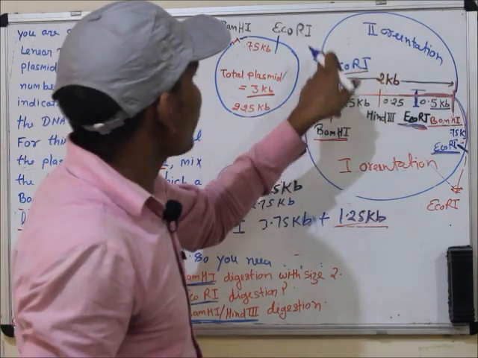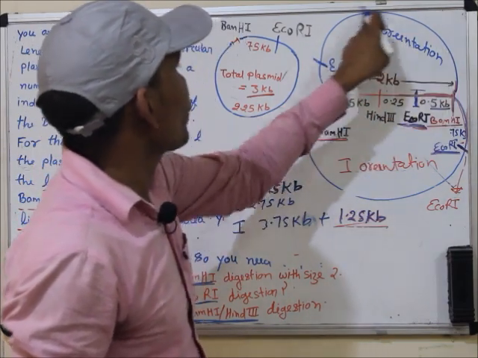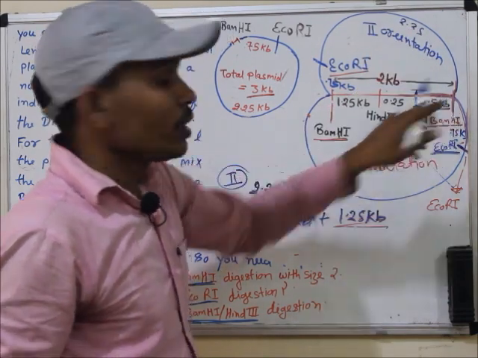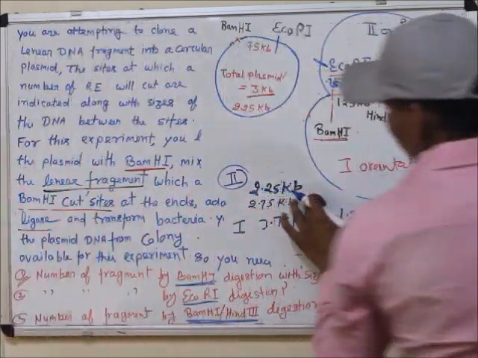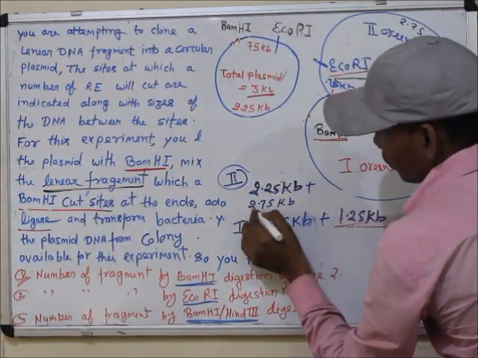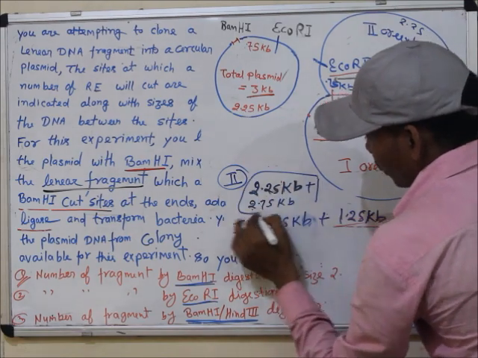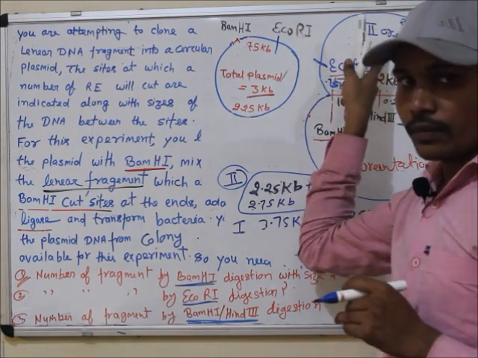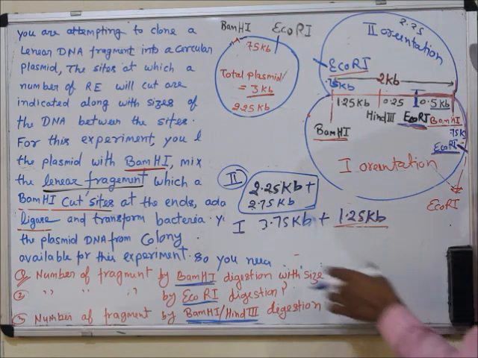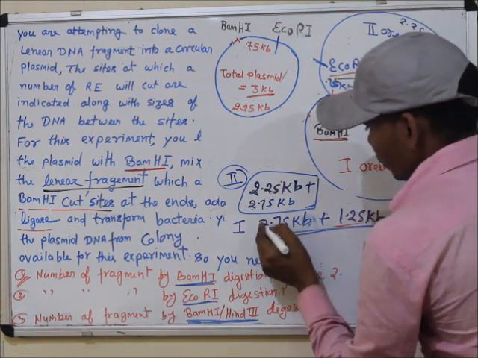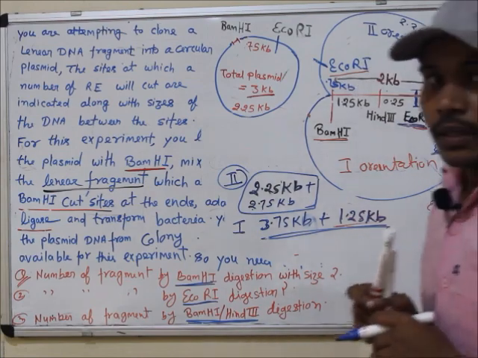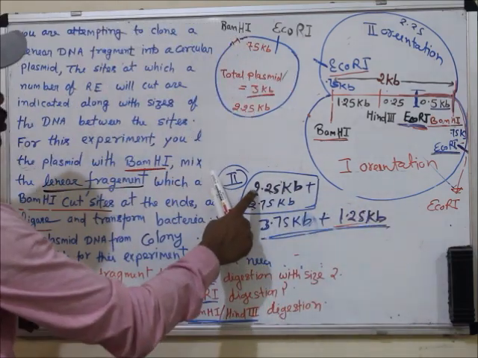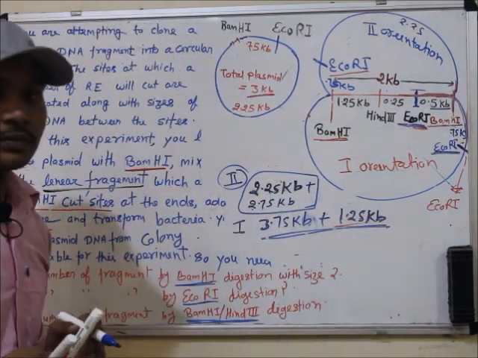There is 2.25 kb from here to here, and that is 0.5 kb. The lengths would be 2.25 kb plus 2.75 kb for EcoRI if ligation occurred in the second orientation. So in the first orientation, the fragments are 3.75 kb plus 1.25 kb. In the second orientation, 2.25 kb plus 2.75 kb.